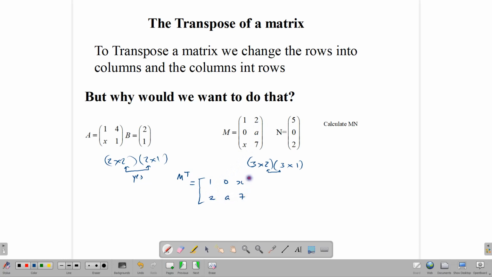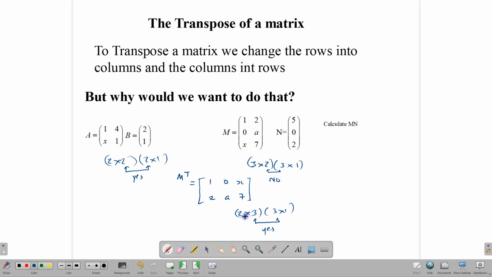All right, we have transposed it, and now it is a 2 by 3 matrix. So now we can check it against the other matrix, 3 by 1, and now we realize that the two numbers on the inside are the same. So yes, whereas here, no. So yes, they can be multiplied together now because the numbers on the inside are the same.